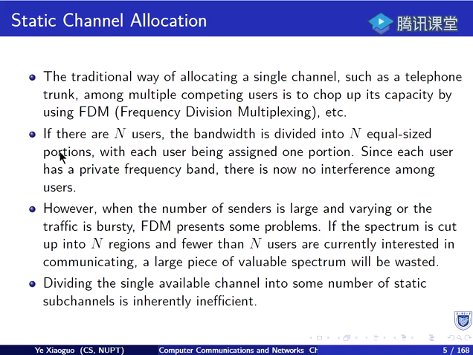If there are n users, the bandwidth is divided into n equal-sized portions, with each user being assigned one portion. Since each user has a private frequency band, there is now no interference among users.